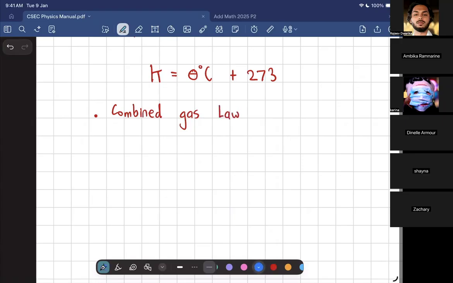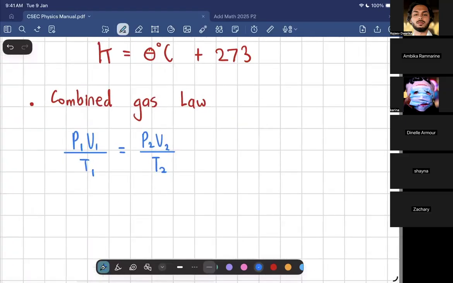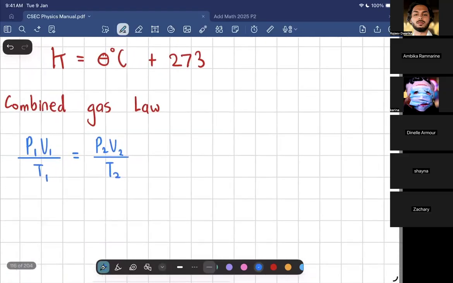So I'll write down the combined gas law first, and then I'll show you how to prove it. The combined gas law is P1 V1 all over T1 is equal to what? P2 V2 over T2. Great.